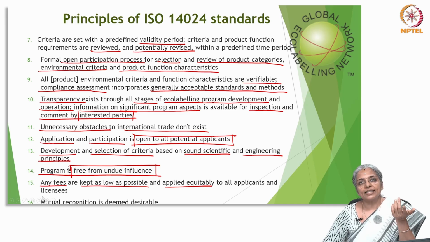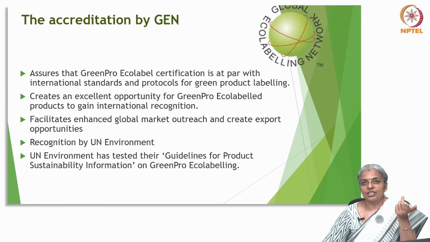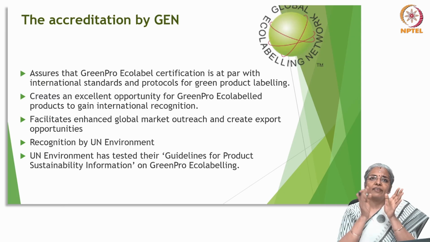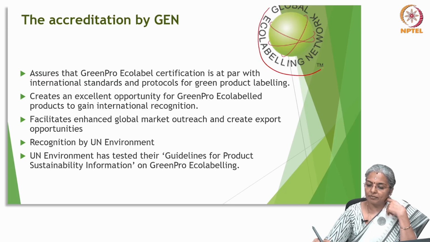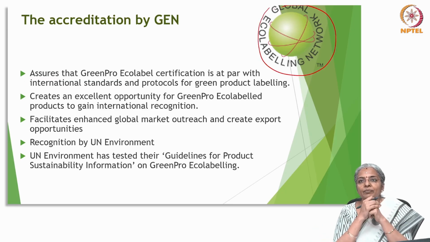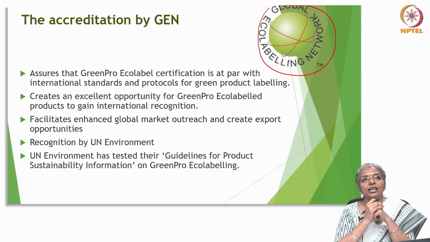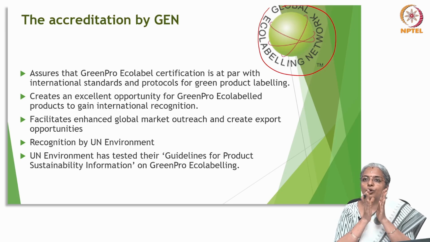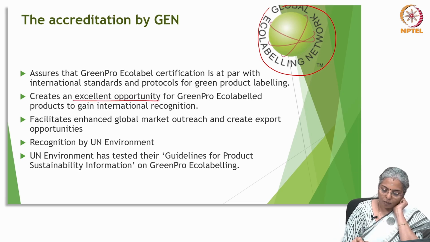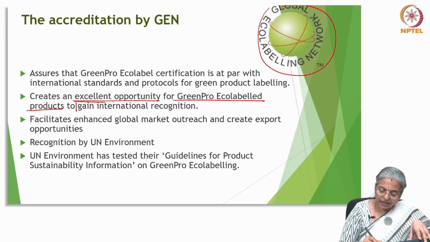Now, let us see what the accreditation by GEN is. When we go for accreditation by GEN, which is actually this symbol, their trademark, it assures that Green Pro labeled certification is at par with any international standard and protocols for green product labeling. It creates an excellent opportunity for Green Pro eco-labeled products to gain international recognition.